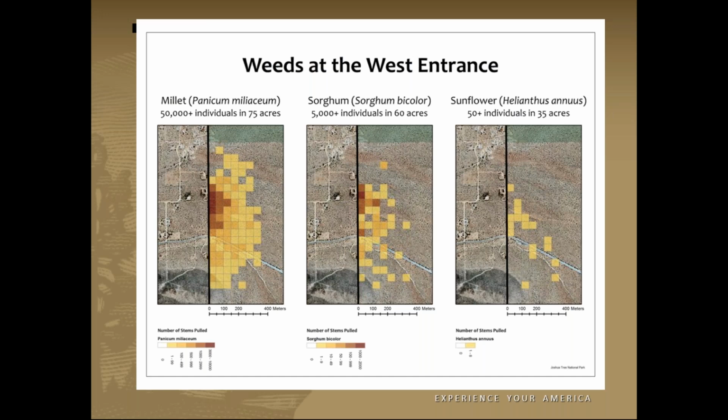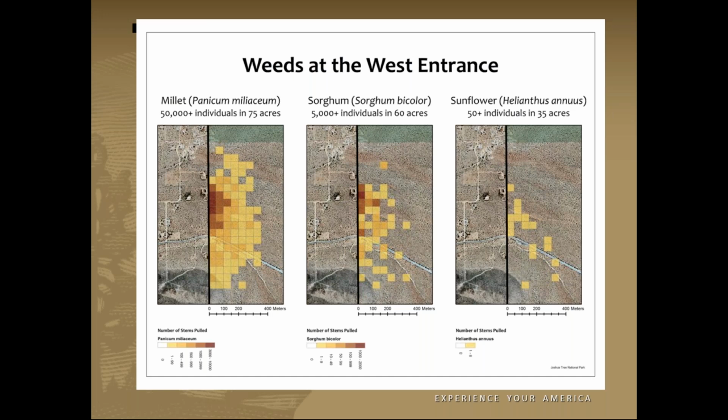And you can see that on these maps here. So we removed over 50,000 plants of millet, over 5,000 plants of sorghum, and we also found some sunflowers growing out there. And so what we determined was that this infestation was caused as a result of birdseed use in the neighborhood adjacent to the park boundary.